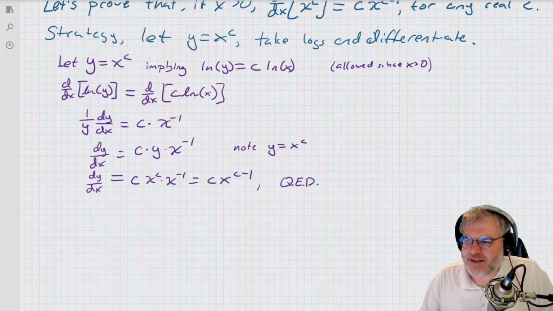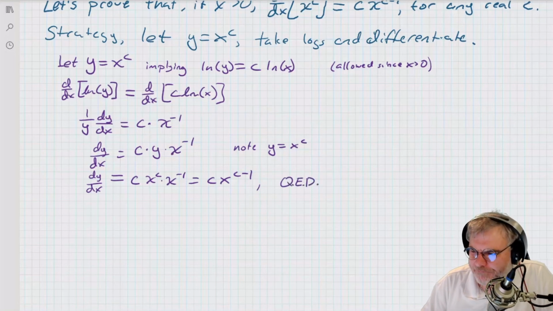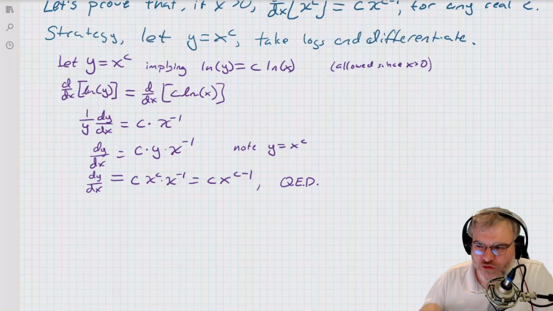How do we feel about that proof, 1 to 5? There's something kind of black magic about that, isn't it? A little voodoo. Voodoo proof.